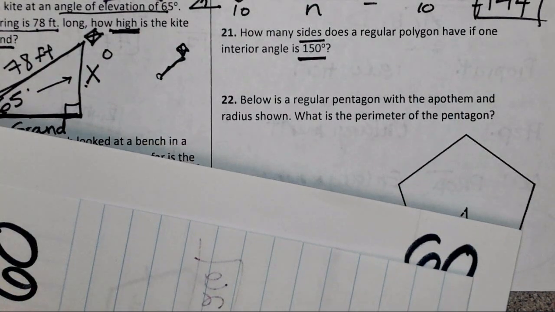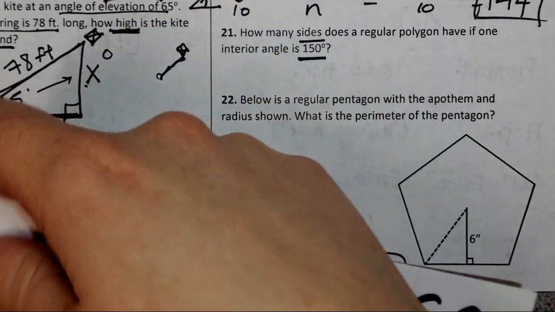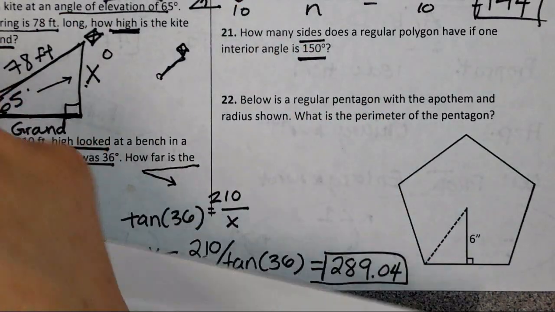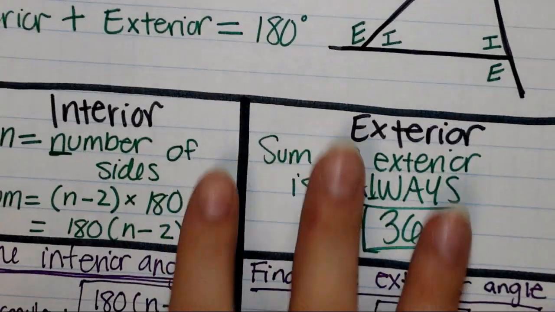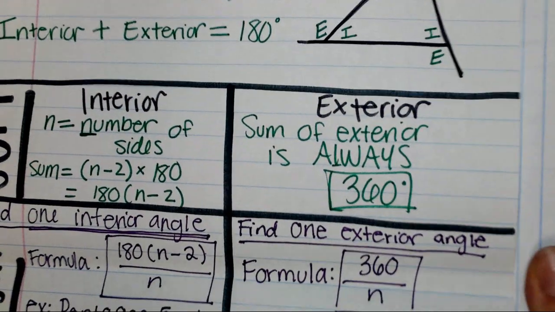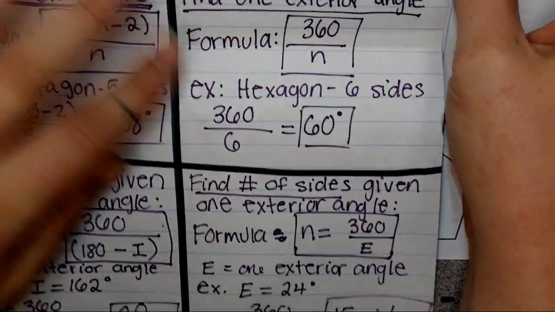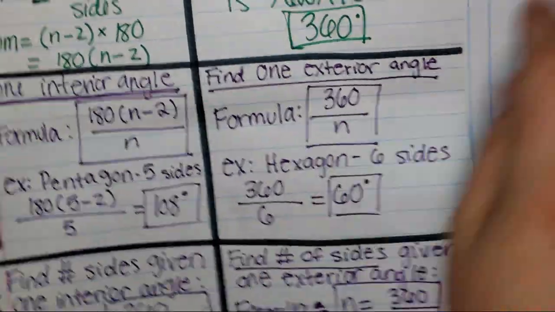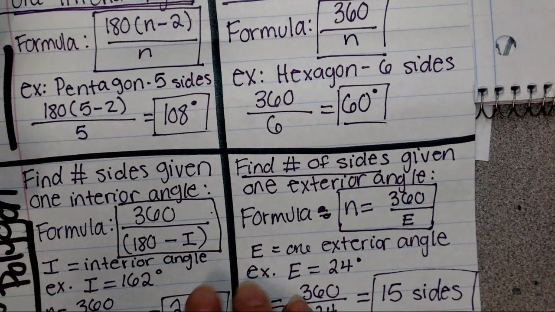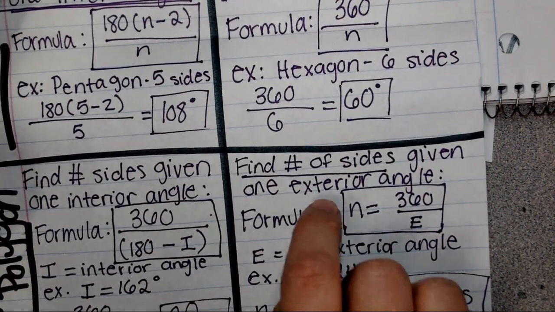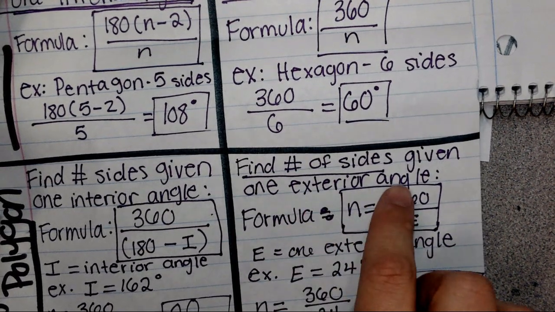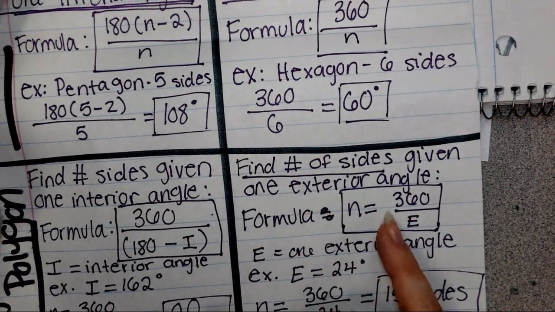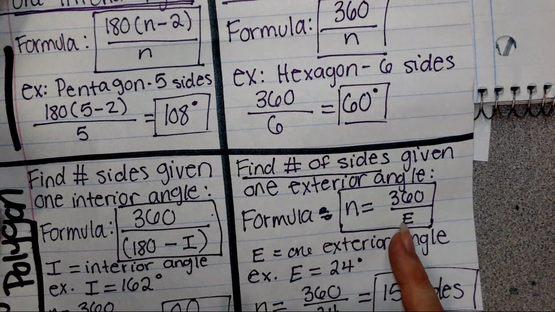With my students, we talked about this: if you're trying to find the number of sides and you're given an exterior angle, then all you have to do is 360 divided by the exterior angle.